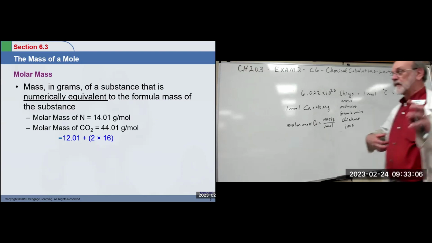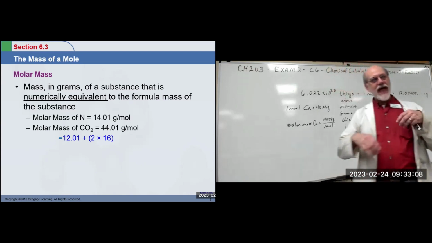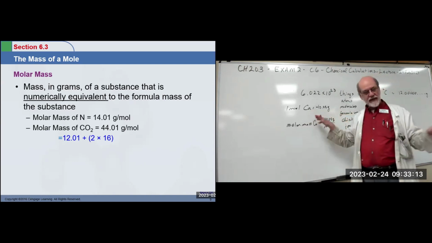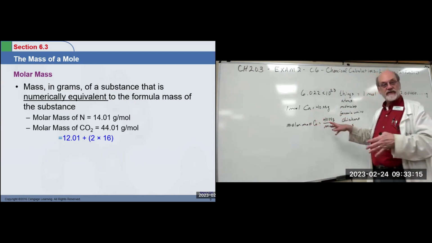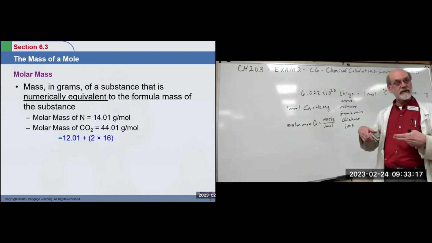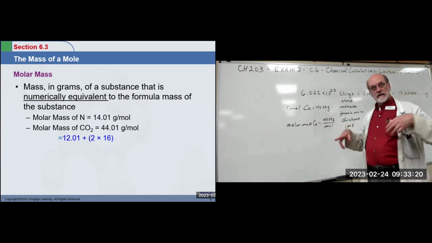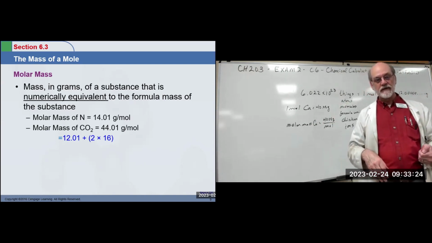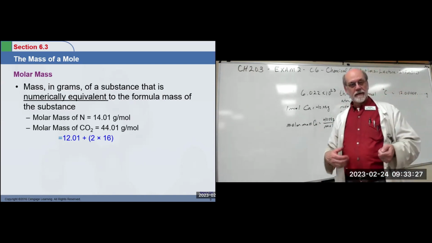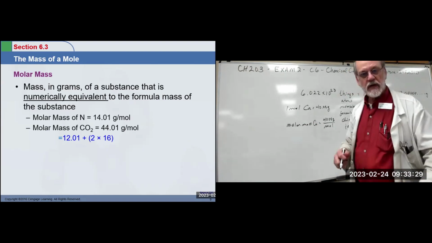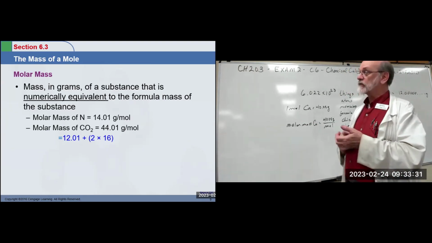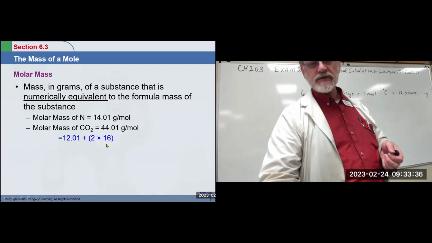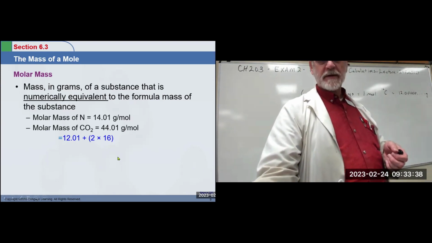So now, the way we added up those atomic mass units for our formula before, do the same thing for molar masses. If you want to know the molar mass of a compound, you add up the molar masses of all the elements that are in the formula. So in this case, carbon dioxide, you just need 1 carbon at 12.01 grams, and 2 oxygens at 16.00.